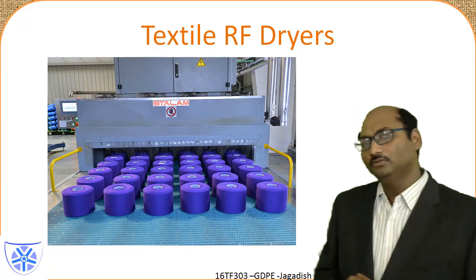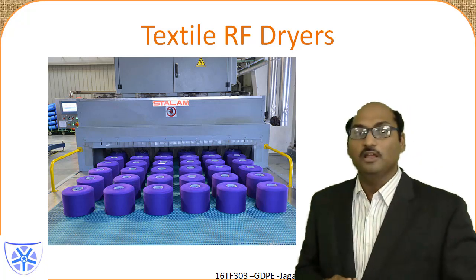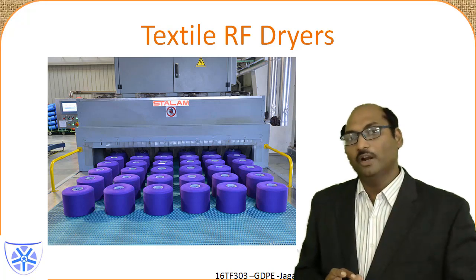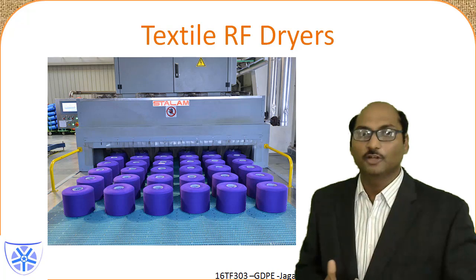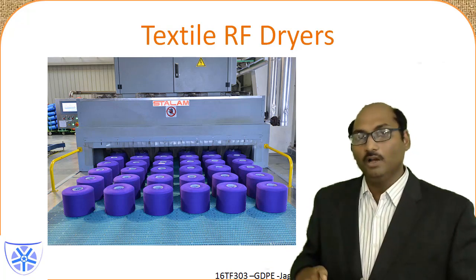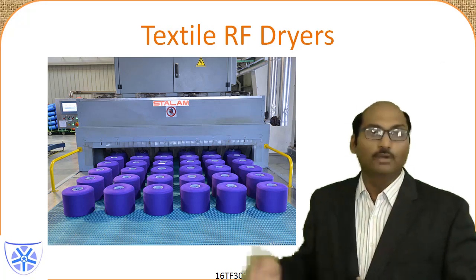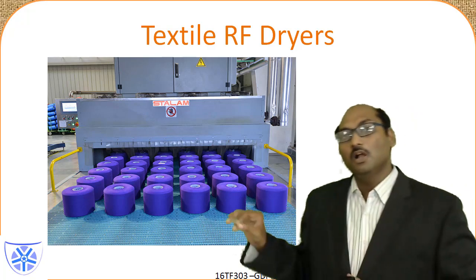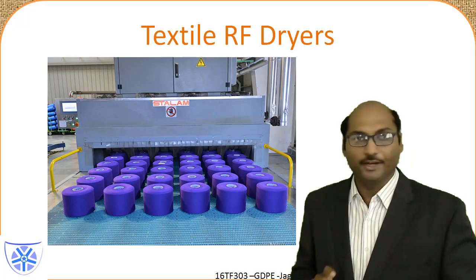We can see this photograph of a package yarn dyeing machine. It will take approximately 40 to 50 minutes to completely dry the package. Why? Because these yarn packages we cannot use for tumble drying. So for them, RF drying is a very important and much needed technology.